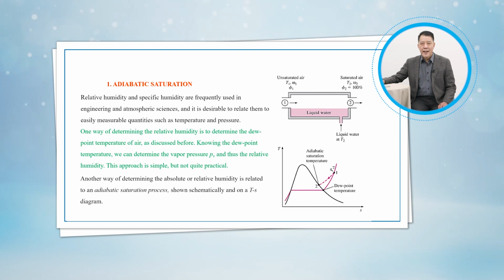Since part of the latent heat of vaporization of the water that evaporates comes from the air, if the channel is long enough, the air stream exits as saturated air at temperature T2, which is called the adiabatic saturation temperature.